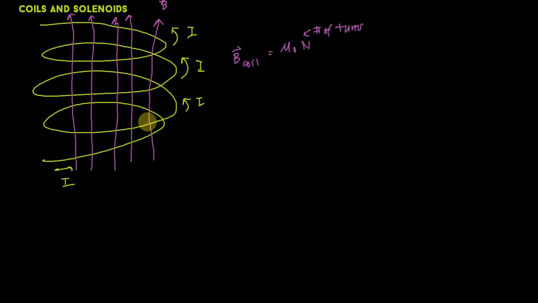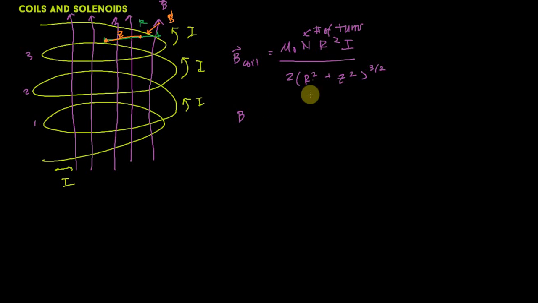So if we were looking at this, it would have 1, 2, 3 turns, times r squared, where r represents the radius of the coil, times I, which is the current in the coil, over 2 times the quantity r squared, again the radius of the coil, plus z squared, which is the distance between the center of the coil and some point, all to the 3 halves.